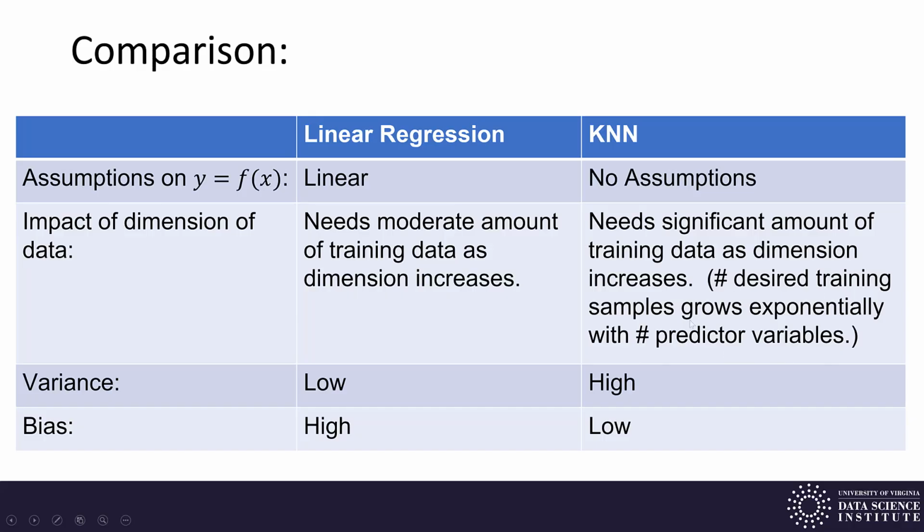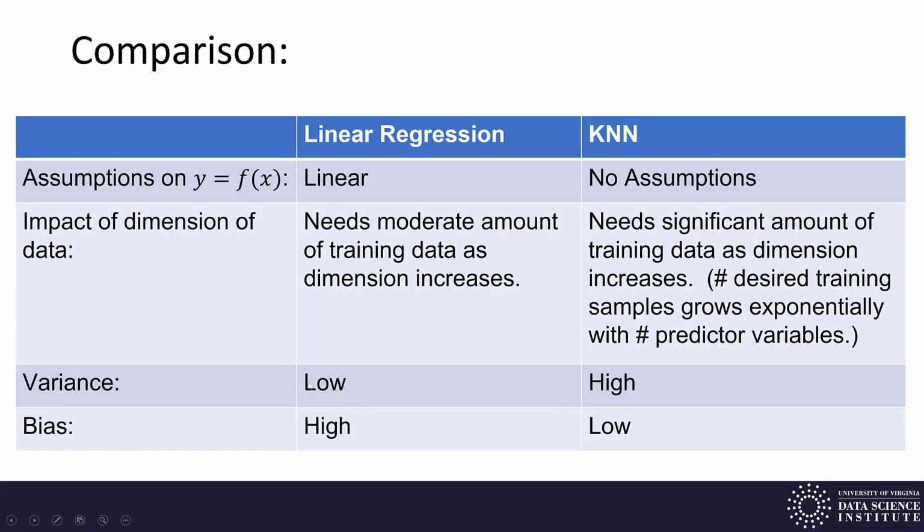This has to do with what's called the curse of dimensionality. For a cube, or an n-dimensional cube with side L, the volume of that cube will grow exponentially with the number of dimensions. And so the number of data points you need to fill that volume or to map it out will grow exponentially.